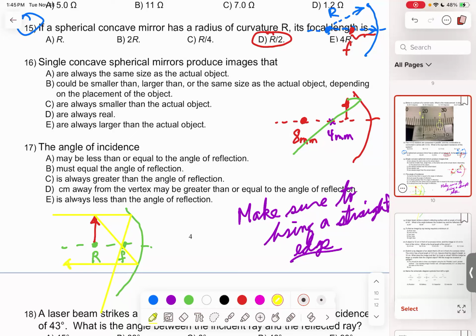Okay. So my image is going to be where the lines intersect. So they're going to intersect right down in here. Okay. That second intersection is what we're looking at. Okay. So make sure you're able to draw the image.